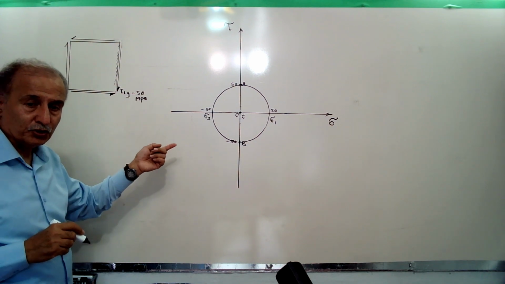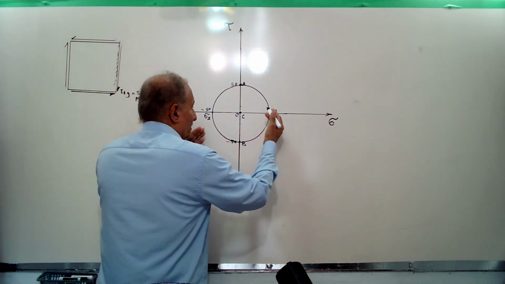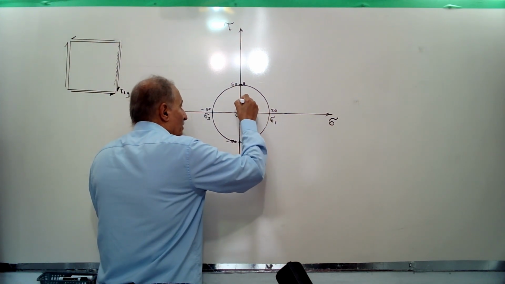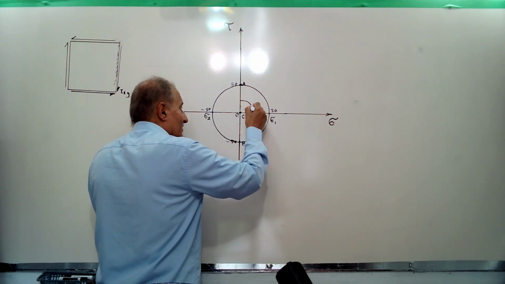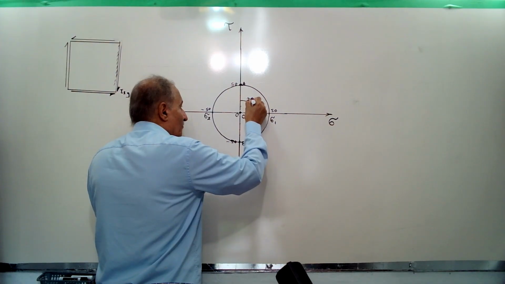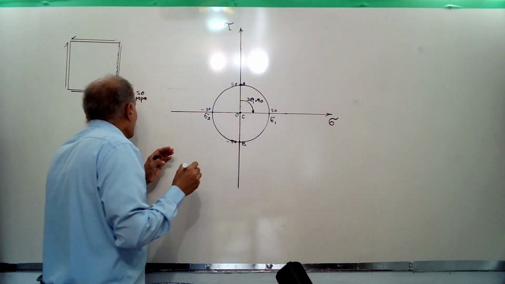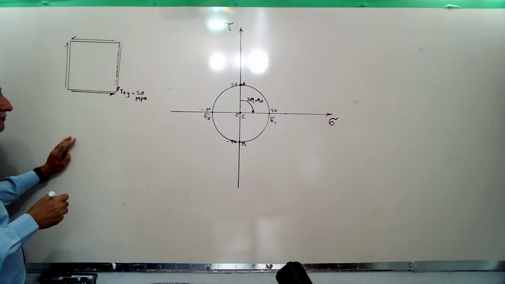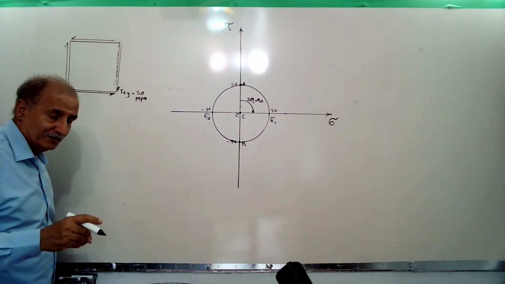If I want to show the state of stress that contains sigma 1 and sigma 2, I must move 90 degrees in Mohr circle, which is 2 theta 1, so theta 1 is 45 degrees clockwise on the element.